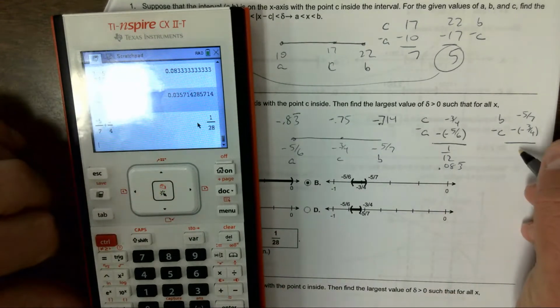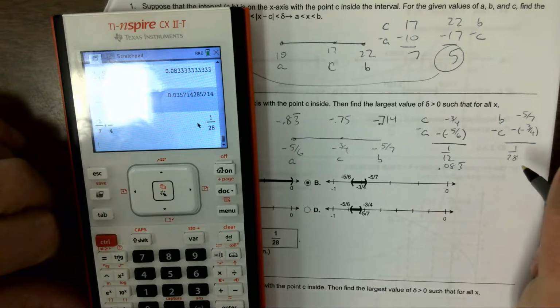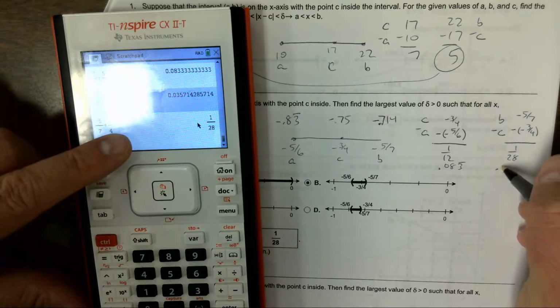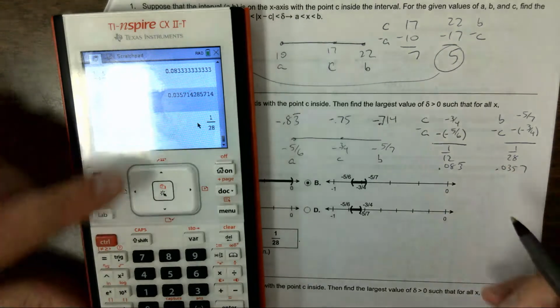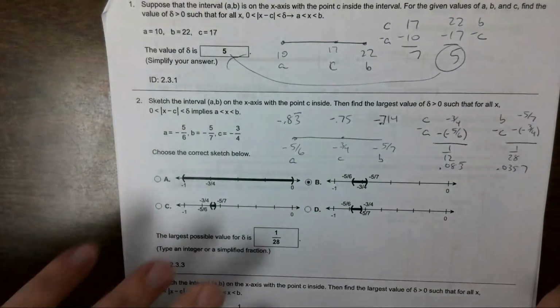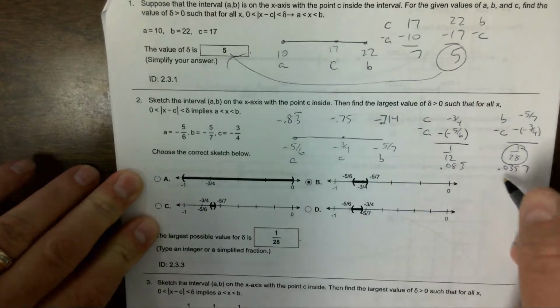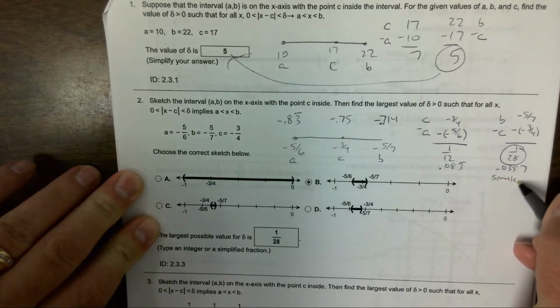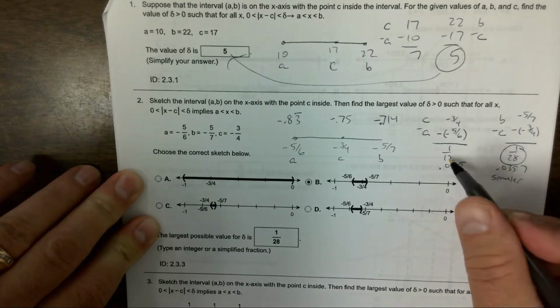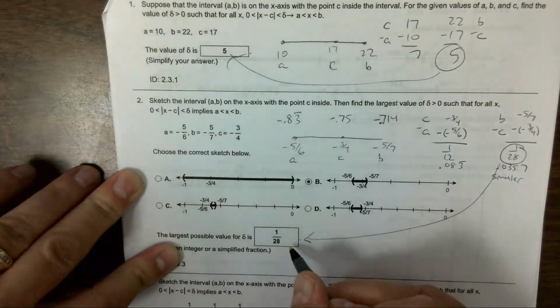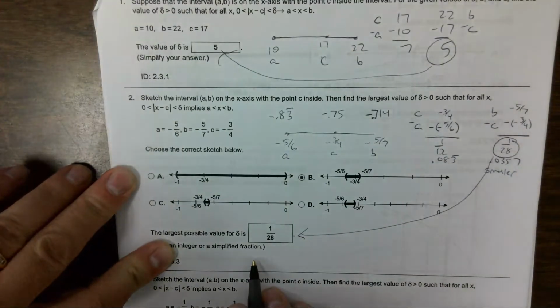So that's 1/28, which is pretty small, and that is 0.0357. So then you pick your smaller one. That's the smaller between 1/12 and 1/28, and so that's why this answer is 1/28.